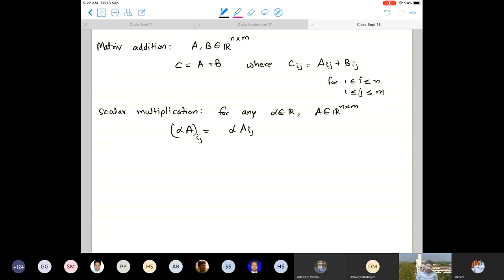So these are the two operations, and it is very easy to check. What is easy to check? R^(n×m) is a real vector space. What does that mean? It is a vector space over the field of real numbers. So this is a real vector space, with matrix addition that we have defined here and scalar multiplication.